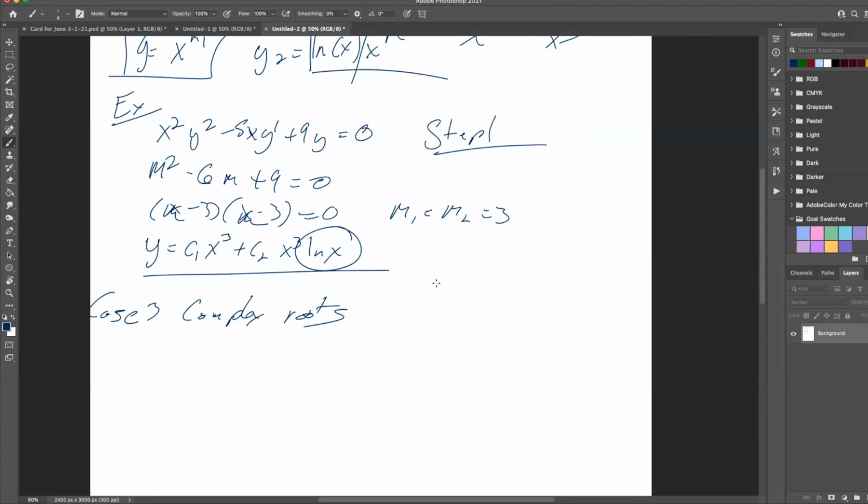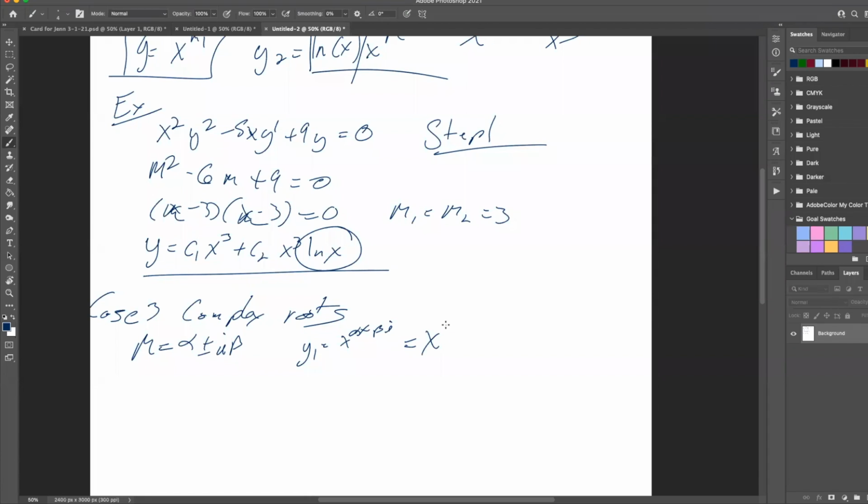All right, so let's talk about complex roots. So here if we have m equal to alpha plus or minus beta i, then we have y1 equal to x to the alpha plus beta i.